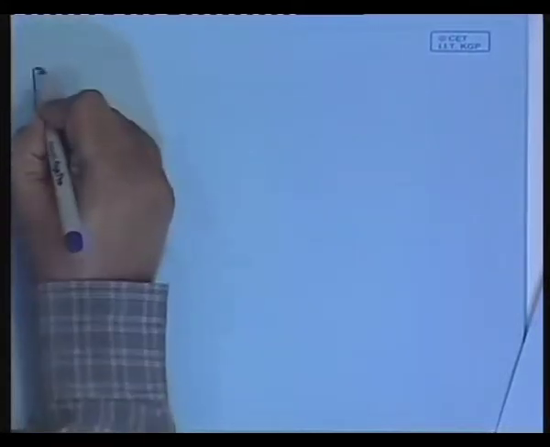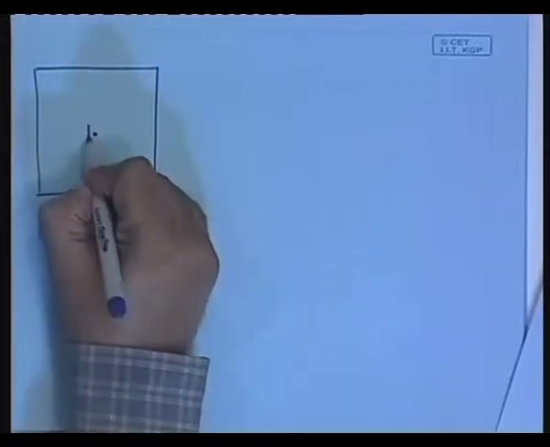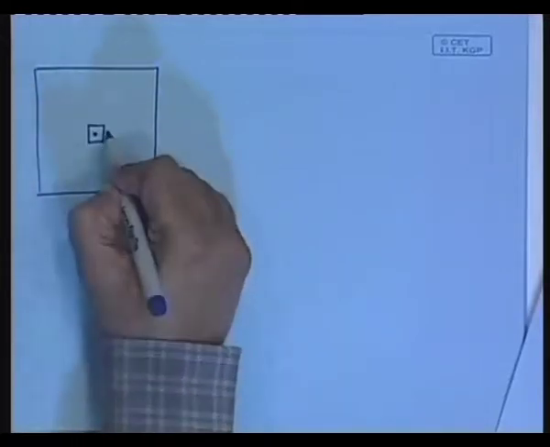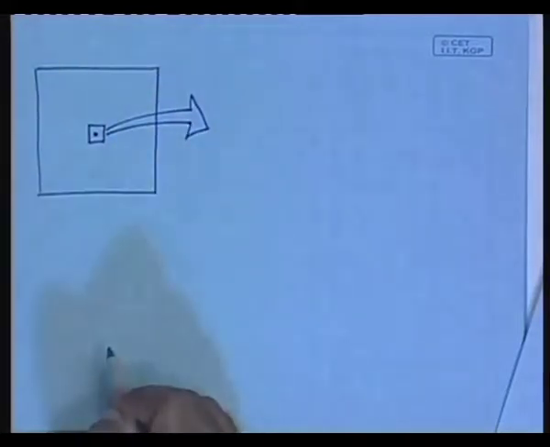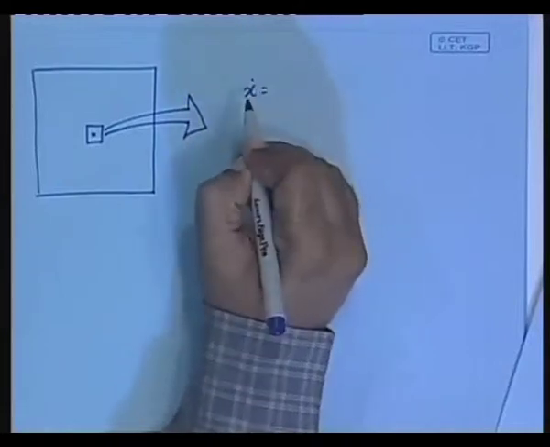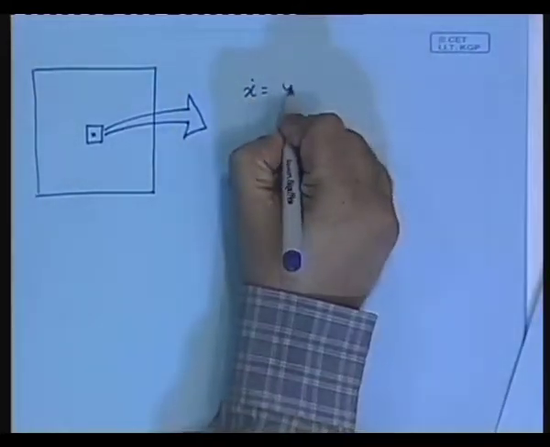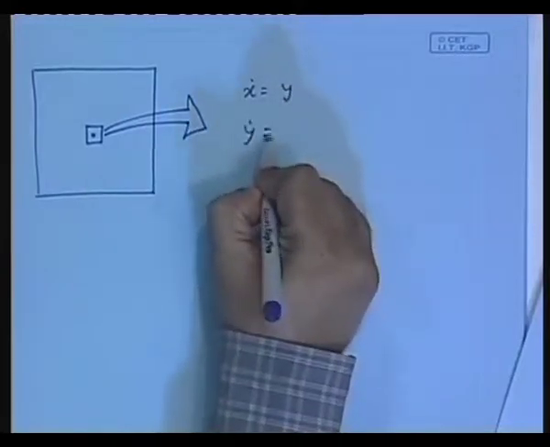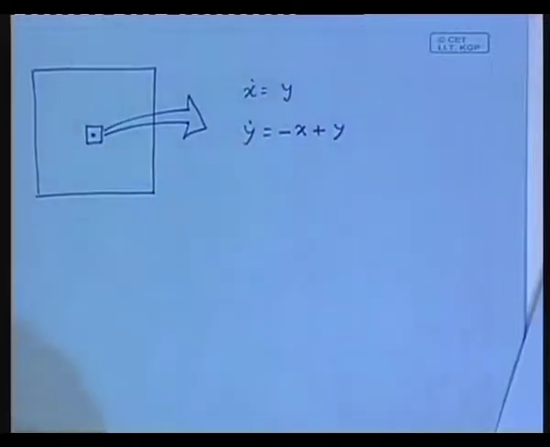So, this is the whole state space, here is my equilibrium point, I am now zooming into this part, and here the equations are x dot is y, and y dot is minus x plus y.